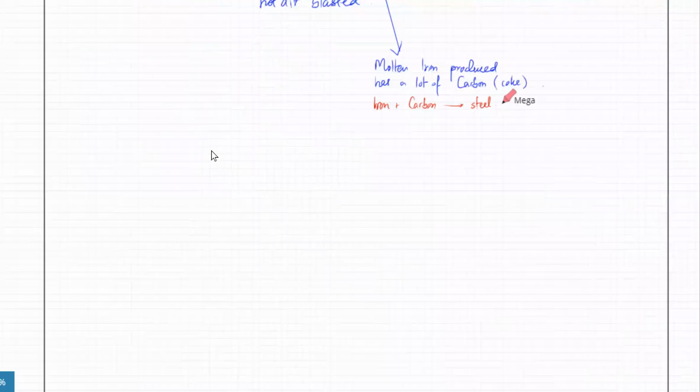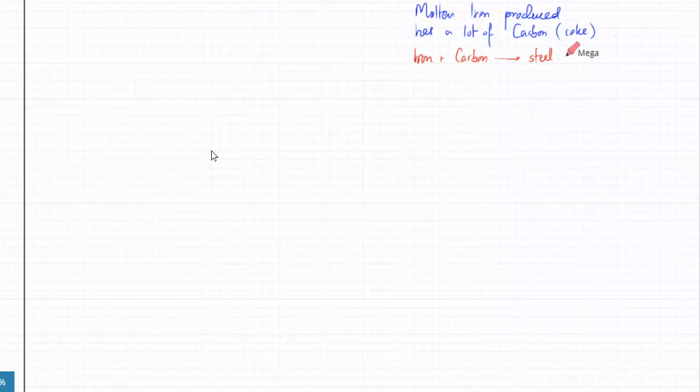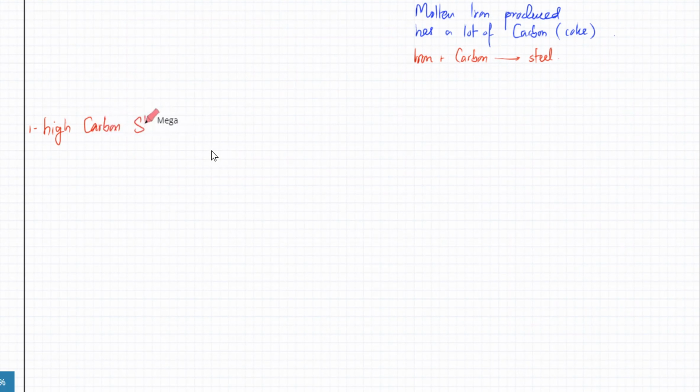So you're going to get steel, and there are three types of steel. The first one is a very raw form of steel, which is known as high carbon steel. Okay, that's number one. High carbon steel is also known as wrought iron or cast iron.